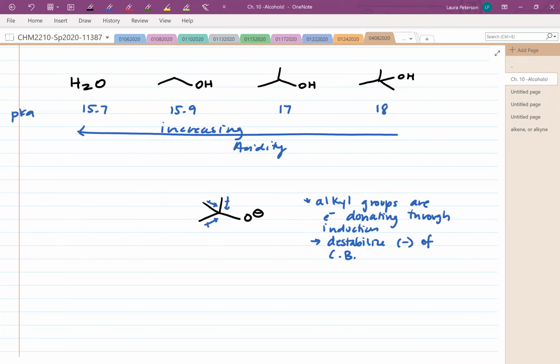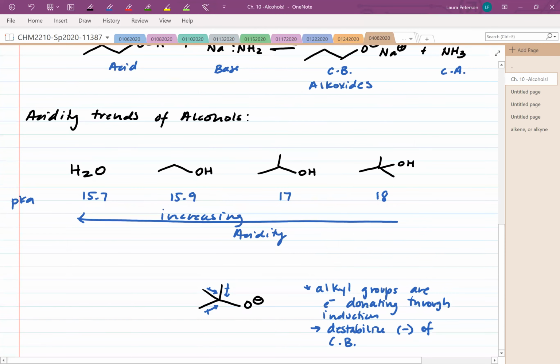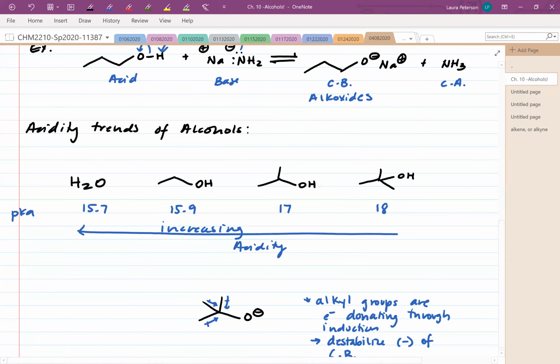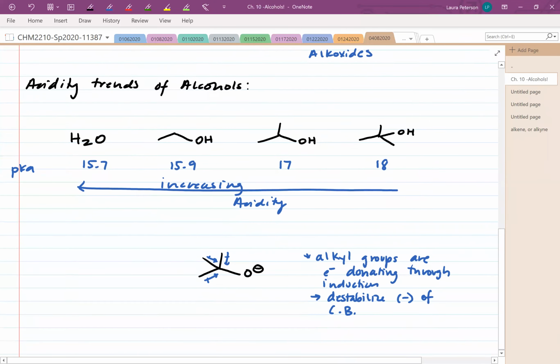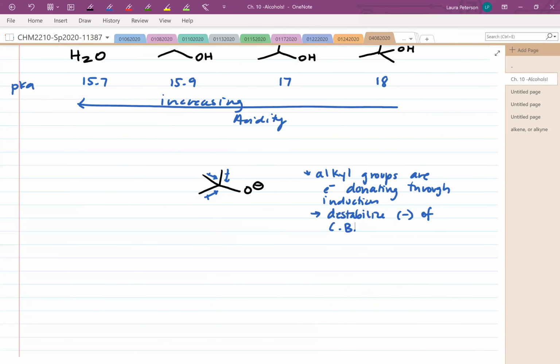Now that we're on the subject of acidity, generating the conjugate bases of alcohols, like we did up in this example when we generated propoxide, in other words preparing the alkoxides, is an important synthetic reaction because we could use alkoxides as a nucleophile in SN2, like in the Williamson ether synthesis, for example.